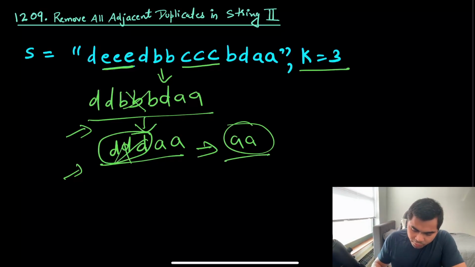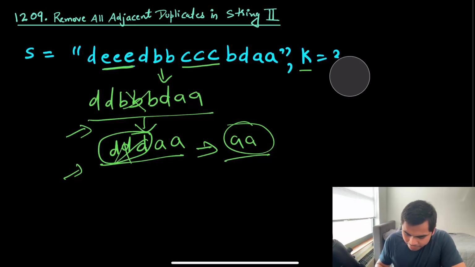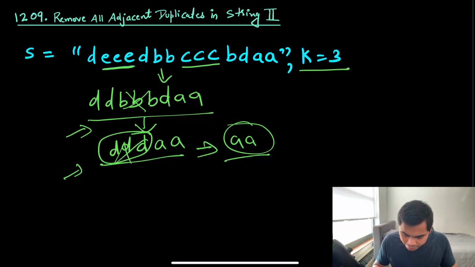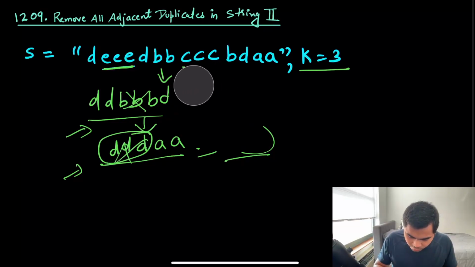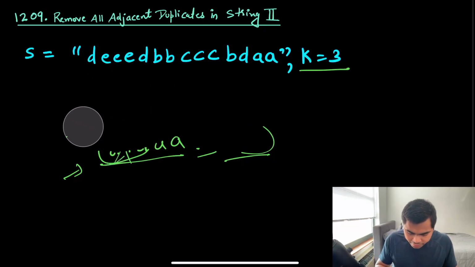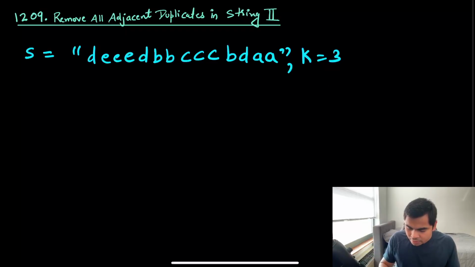So let's see how we're going to do that using a stack. Here there are two things we need to check. First, the character, and then the count of that character, and that too adjacent.